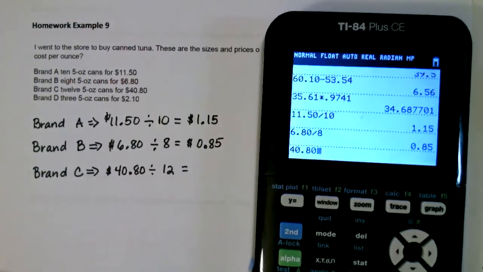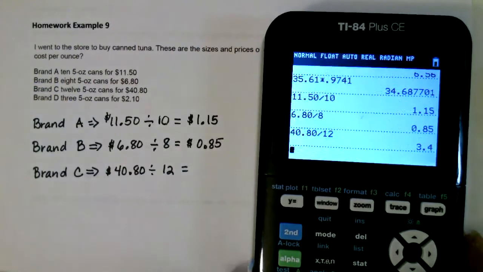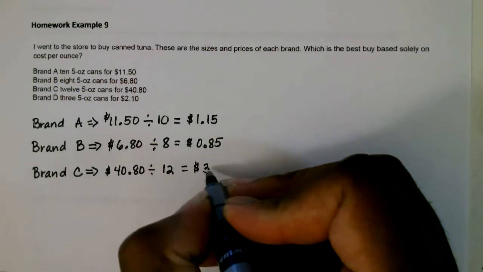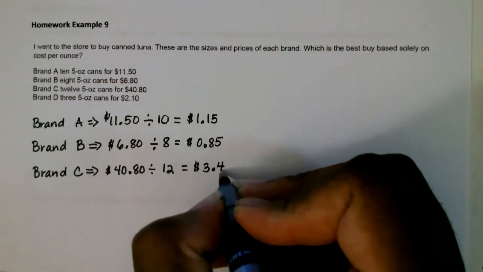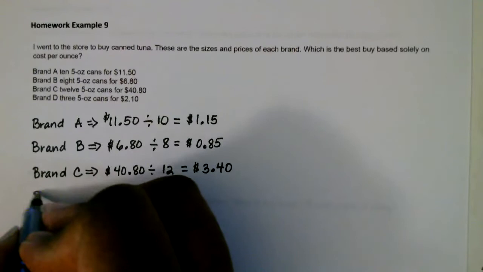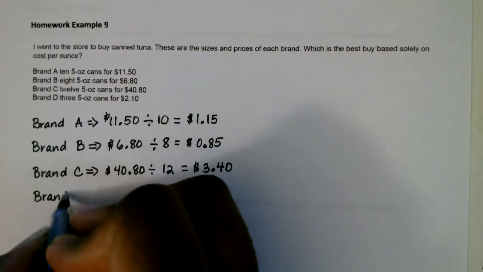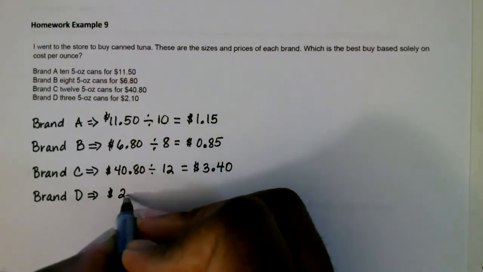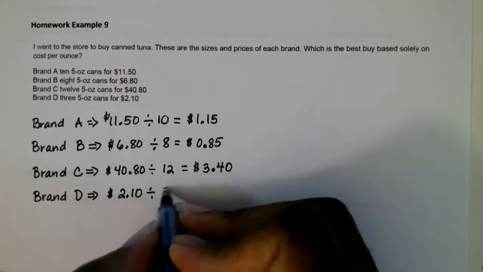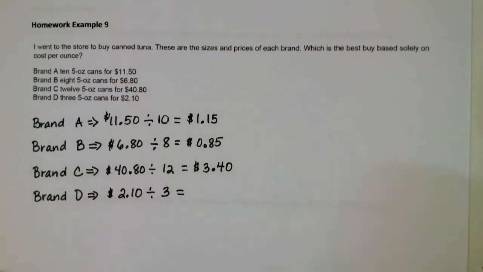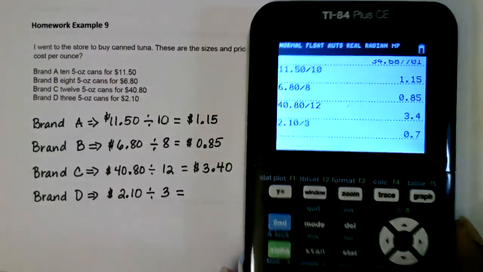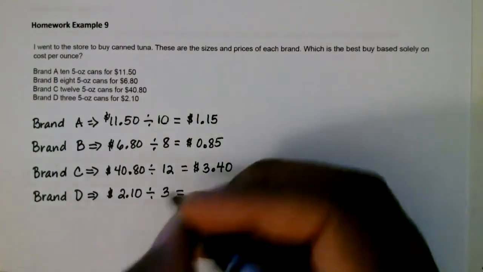So $40.80 divided by 12 would be 3.40, which is in this case $3.40 per 5-ounce can. And then finally for brand D, $2.10 for 3 5-ounce cans. So $2.10 divided by 3 is 70 cents a can.